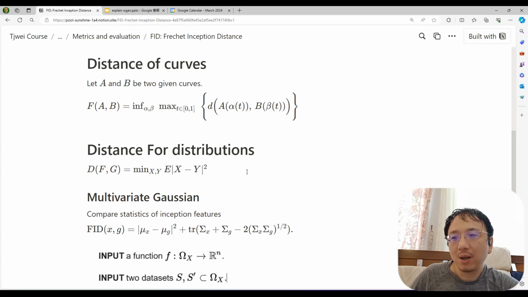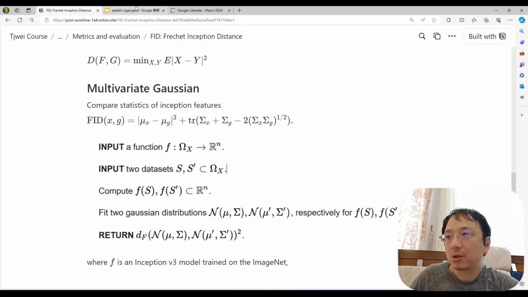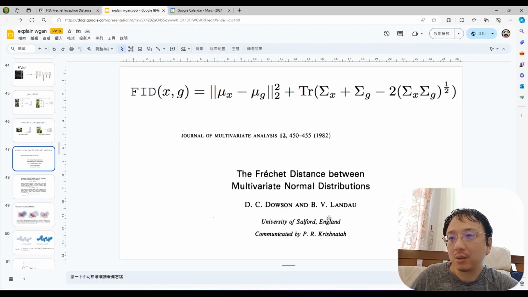For the multivariate Gaussian distribution, there's actually a paper in 1982 that derives the formula to compute the FID between two multivariate normal distributions. This one on the top. We only need the mean and the sigma of these two normal distributions.